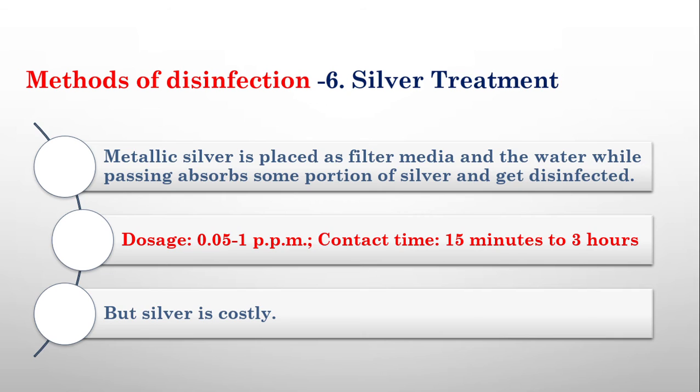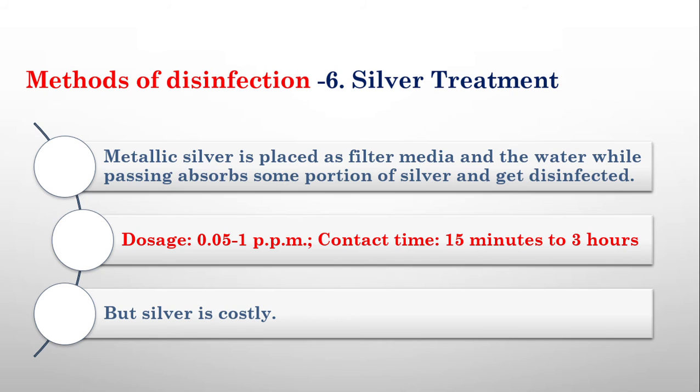Next one is silver treatment. Silver is also a disinfectant. You all know that silver is a metal. It is used as a filter normally. A filter is made with silver and water is allowed to pass through the filter. So when water comes in contact with this filter, some amount of silver reacts with the water and it will cause disinfection.